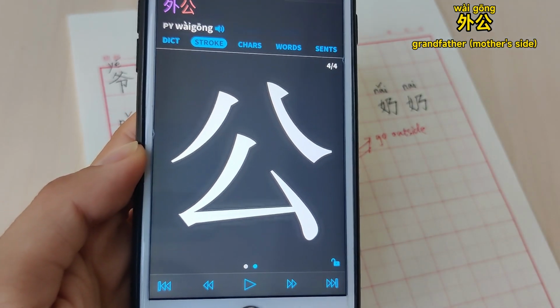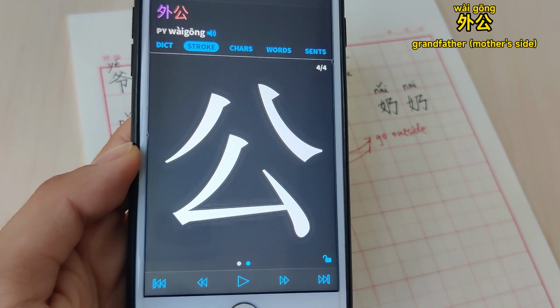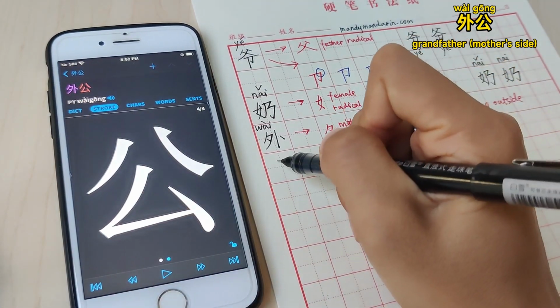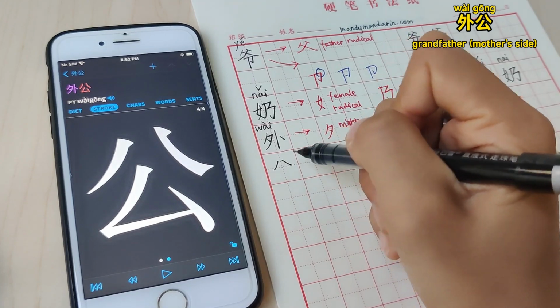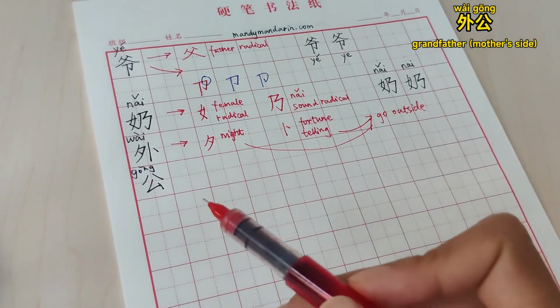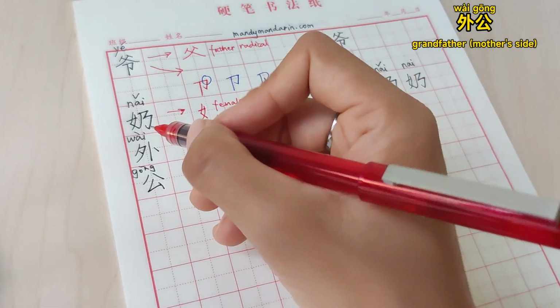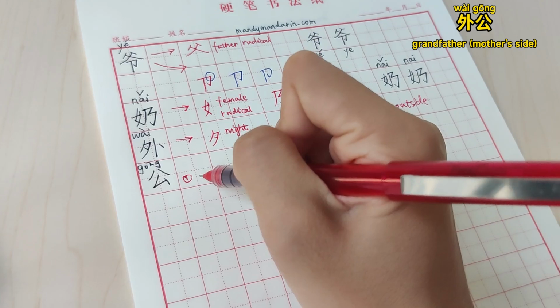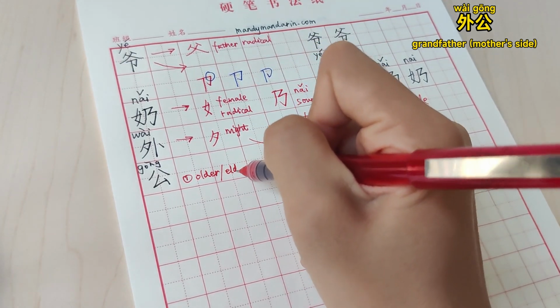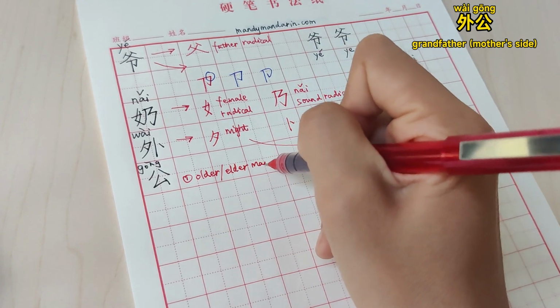Okay, so move on to the next character, 公. And this is how we write the 公. We go 1, 2, 3, 4. As for the 公, it has quite a lot of meaning in Chinese. First of all, it could be older or elder man.